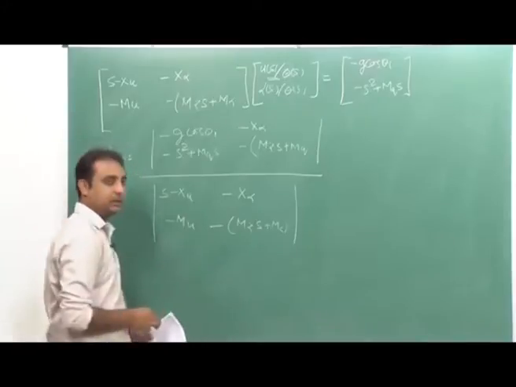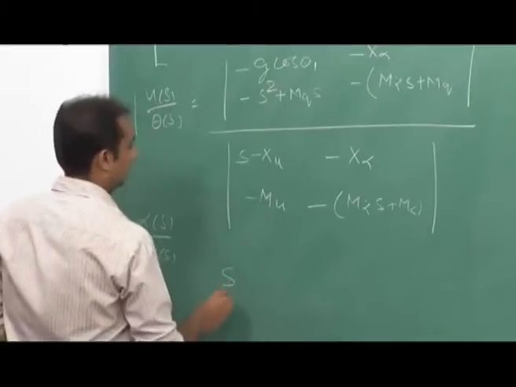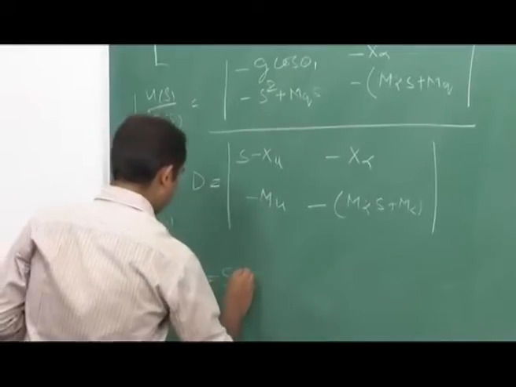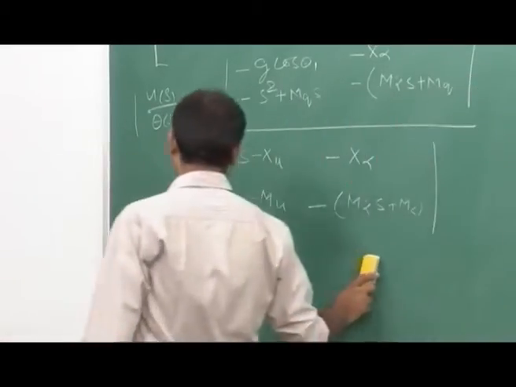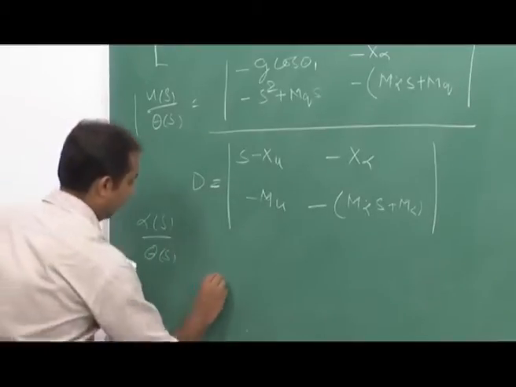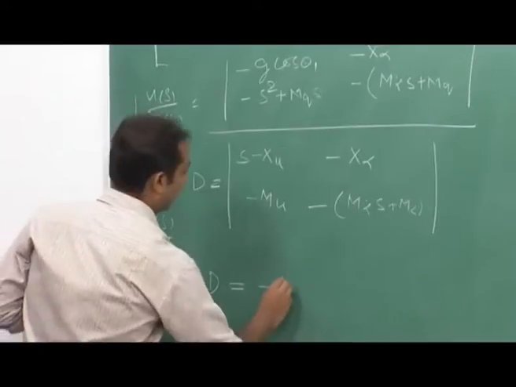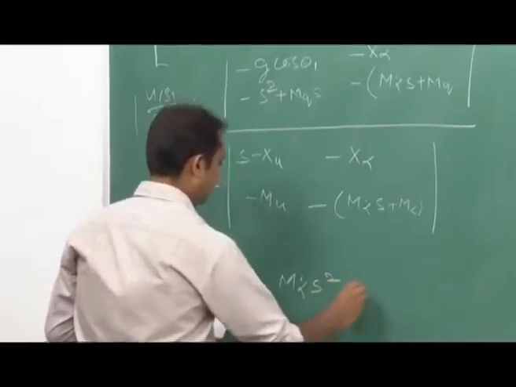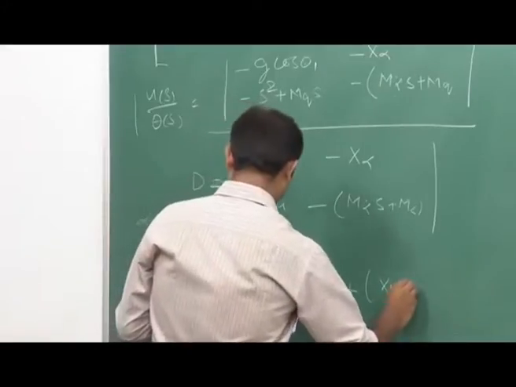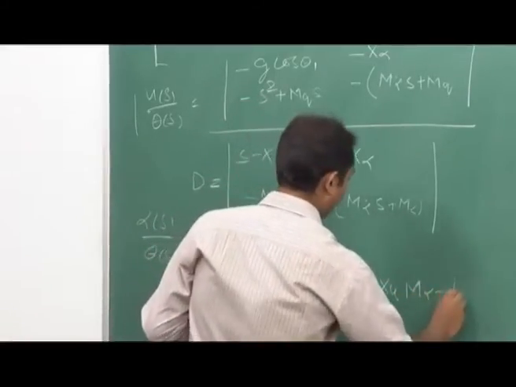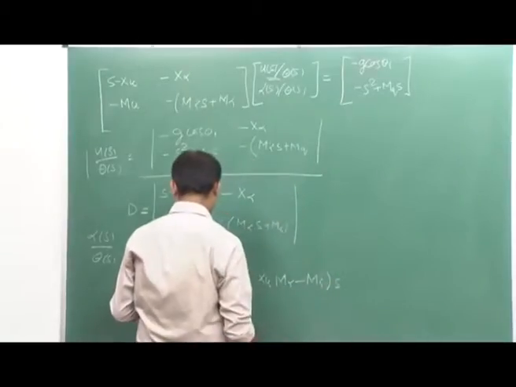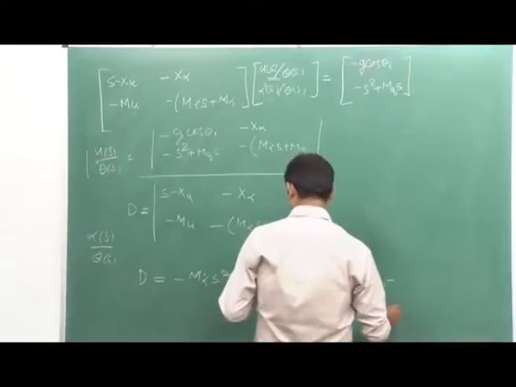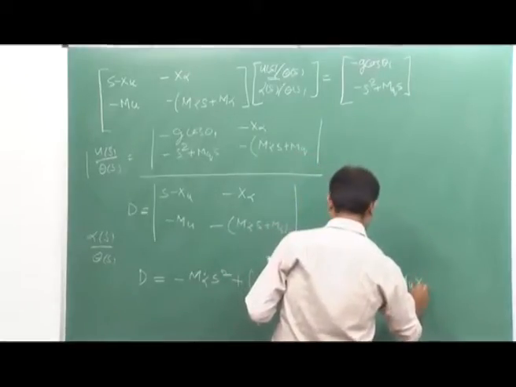So, the determinant of this matrix, let us call it D. D will be minus m alpha dot s square plus xu m alpha dot minus m alpha into s plus xu m alpha minus mu x alpha.